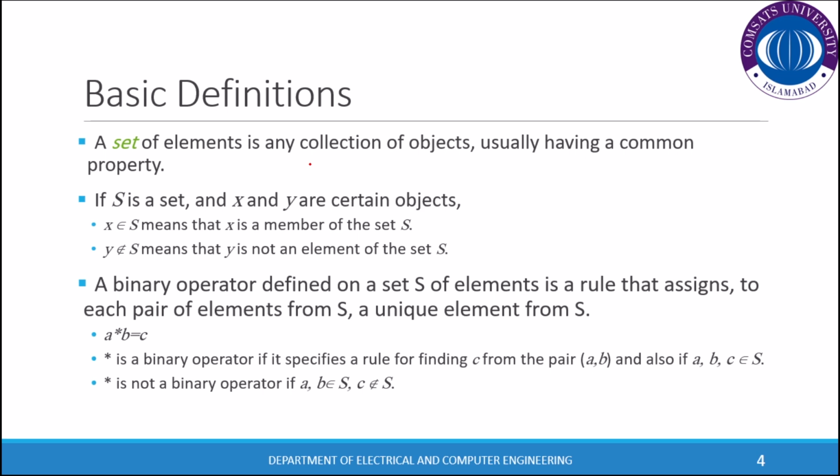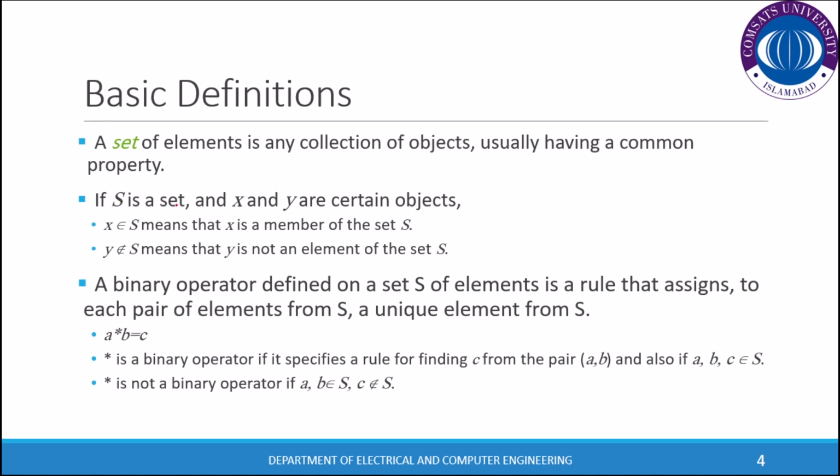So it's a set of elements, and they have a common property that they are decimal numbers, and we can perform different operations on them. These types of collections of objects are called sets, and there are some common properties in them.